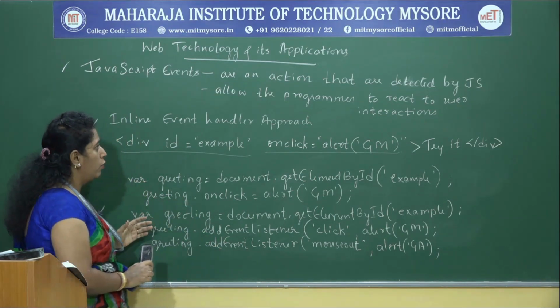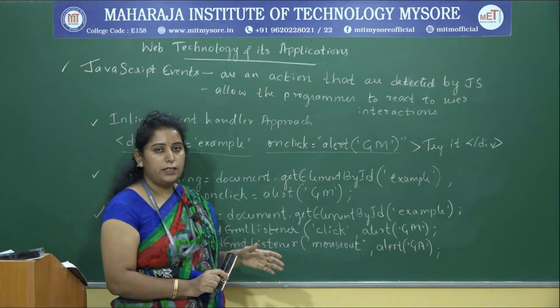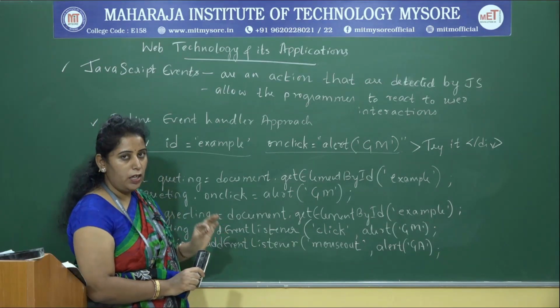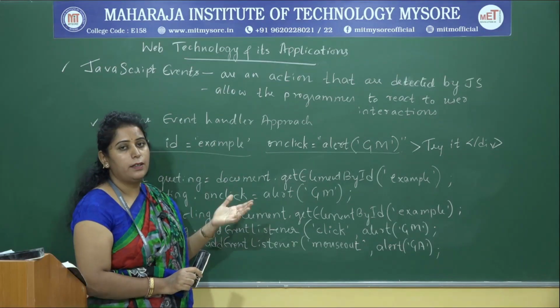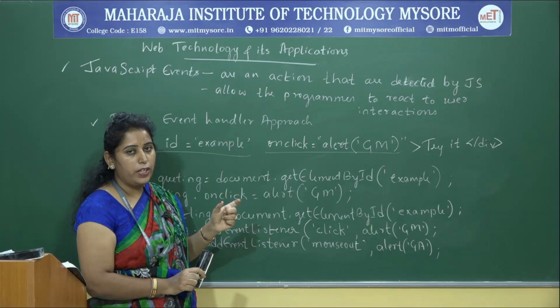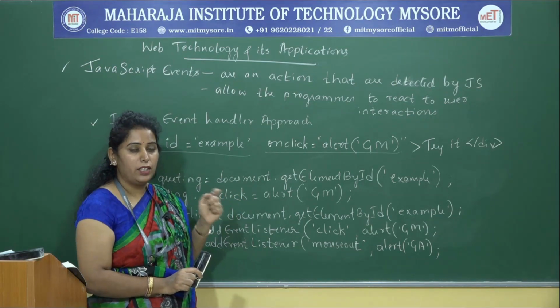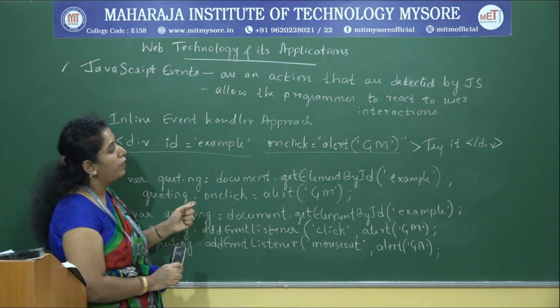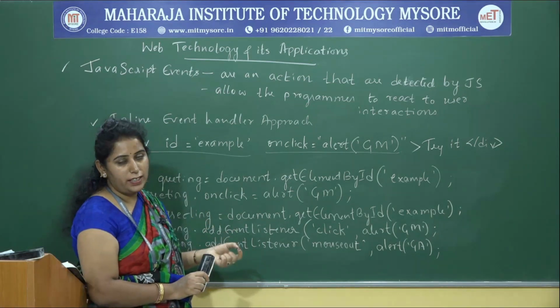Before taking one more example, again I will summarize the concept of JavaScript events. JavaScript events are actions that are detected by JavaScript. Some action is performed, some operation, which allows the programmer to react to user interactions.